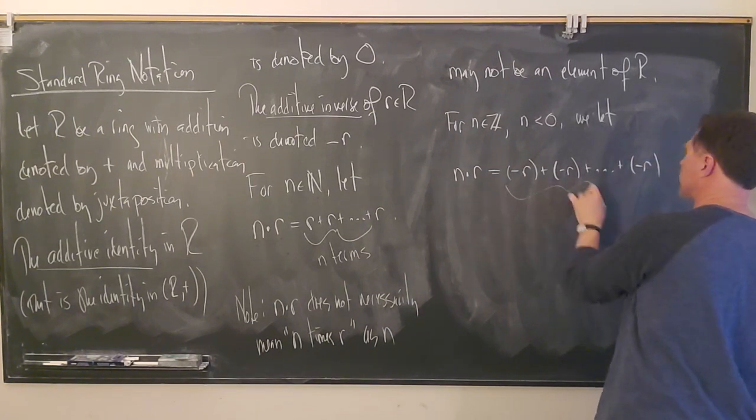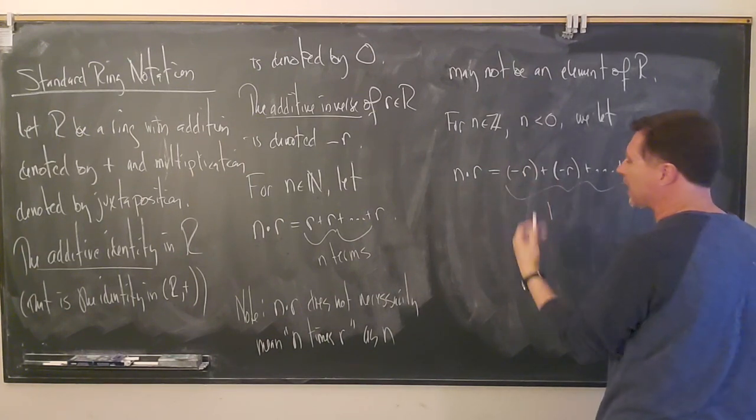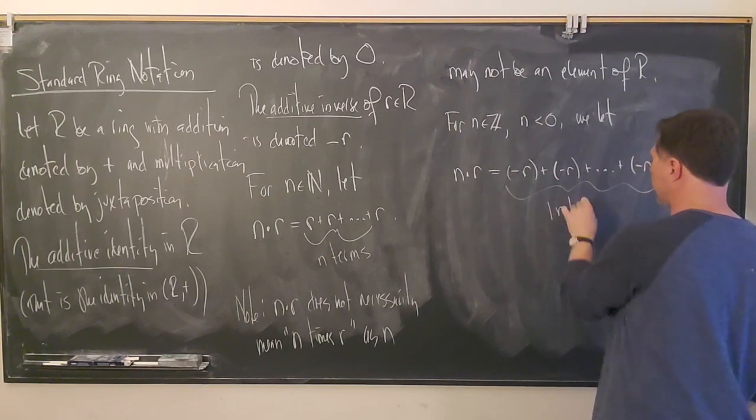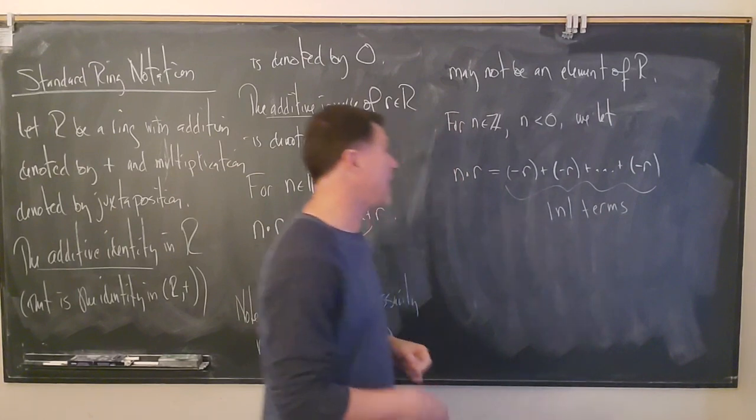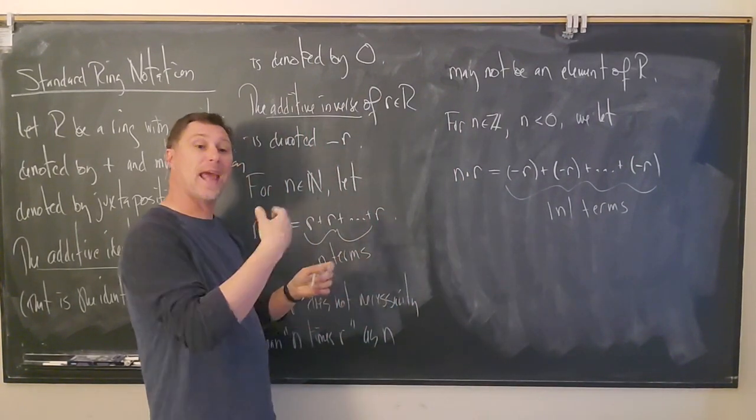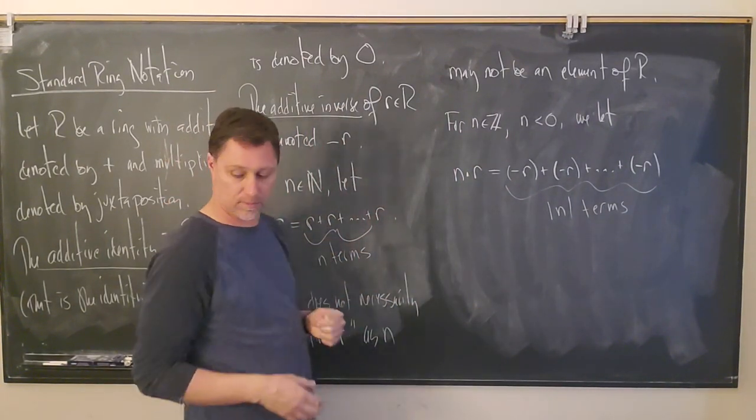The number of terms here, since n is a negative number, will be the absolute value of n. So what it means is take the additive inverse of r and add it to itself that many times.